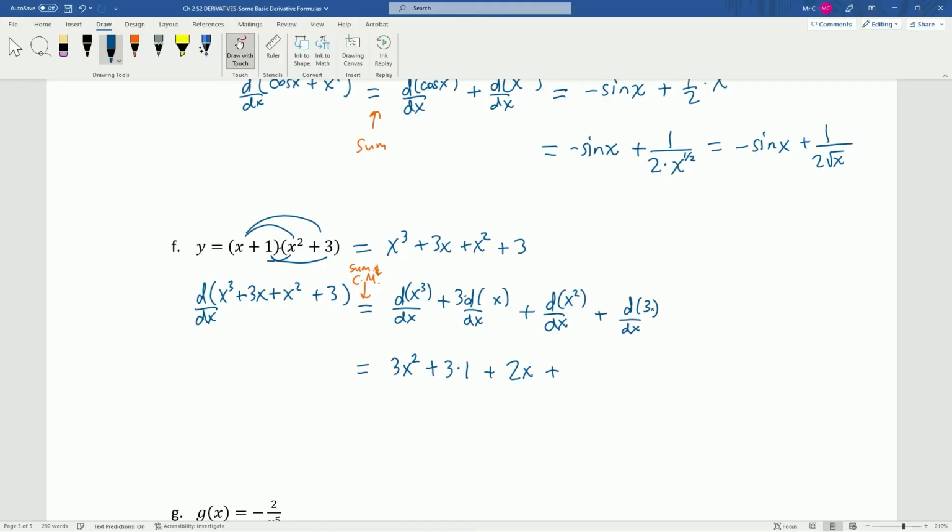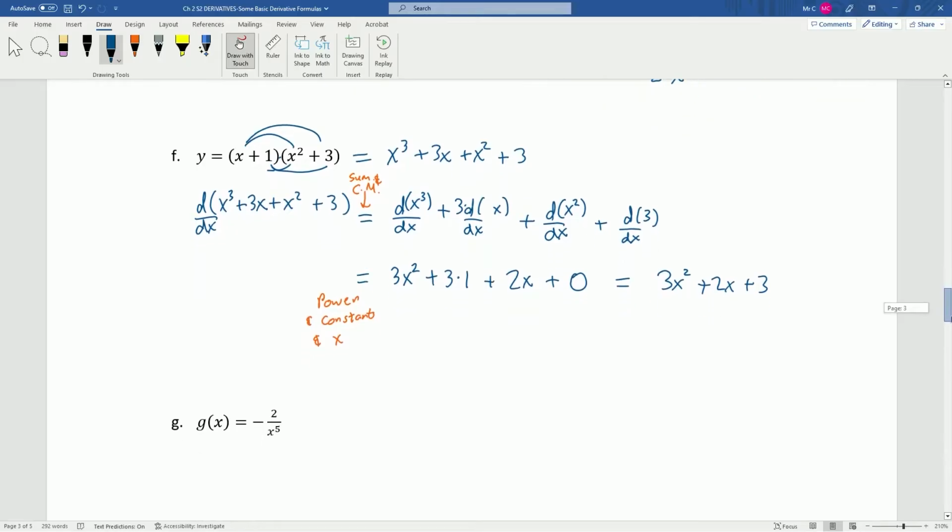And here I apply the constant rule, which is 0. So what did I get? I got all of these were the power rule, the x rule, and the constant rule. So I'll just rewrite this in our standard form, 3x squared plus 2x plus 3. Okay, so far so good.